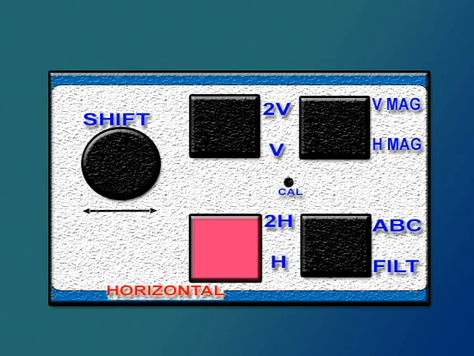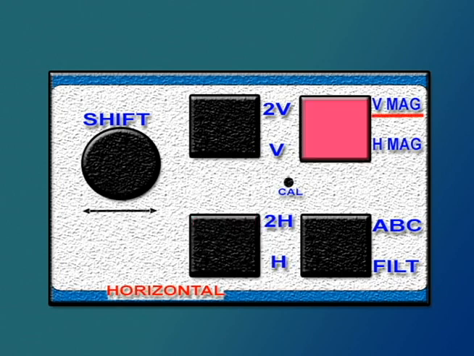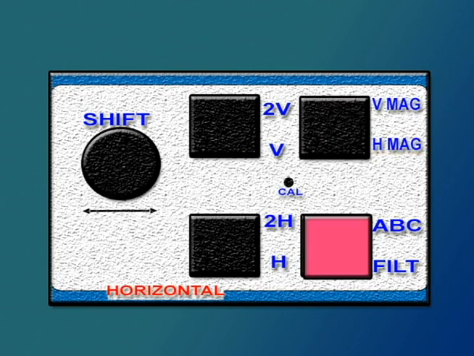H, display 1 line. VMag, expand the width of the sync on the vertical blanking. HMag, expand and show the horizontal blanking. ABC and Filt displays ABC parade. However, we are only dealing with a composite video signal in this video.